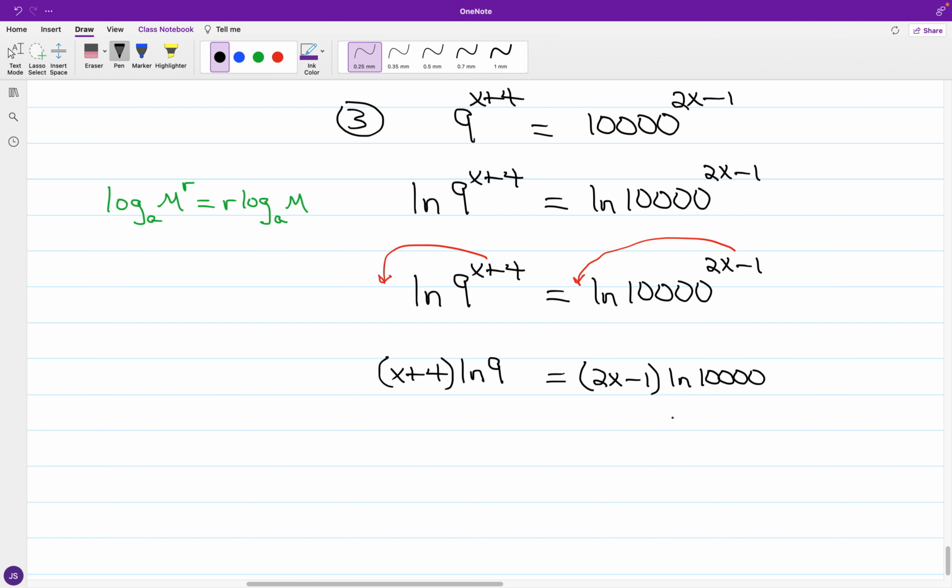So we still have x terms on both sides. What we're going to do next is distribute, I should say, the natural log of 9 over x plus 4.